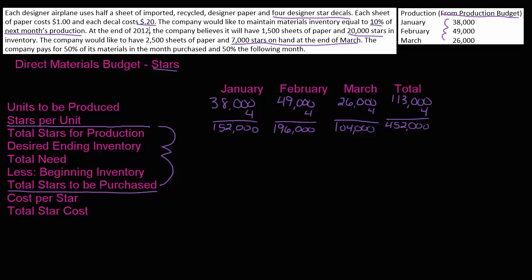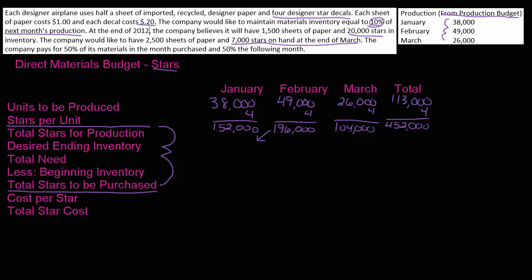Okay, so now I'm working in stars. I'm not working in paper airplanes anymore. Now I'm working in stars. So my desired ending inventory is 10% of next month's production, as we found up here. So for January, I want 10% of February.